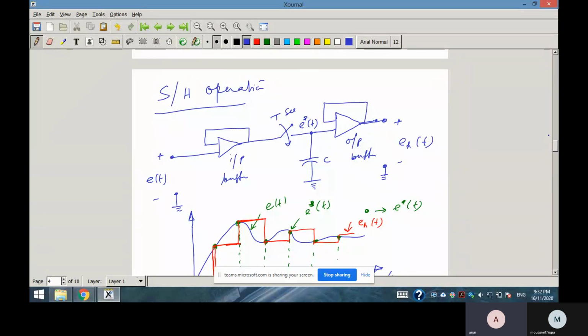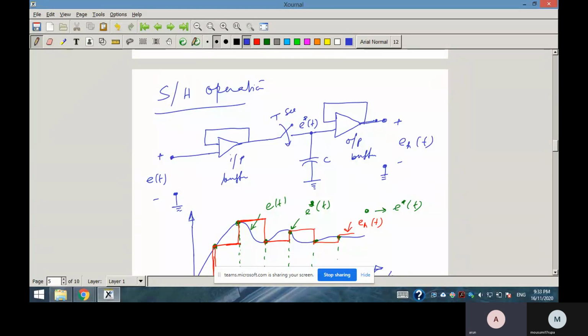So the sample and hold operation. There are many things, but I have told you in a very shortcut way. Sample and hold operation, this is the principle mainly. Some signal is coming and the signal is going through an input buffer.